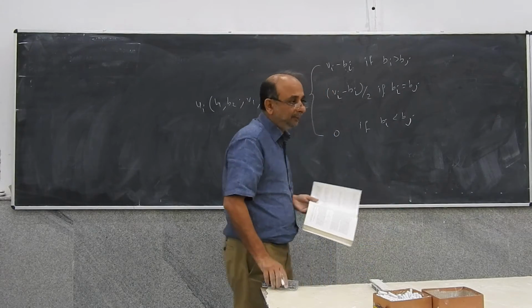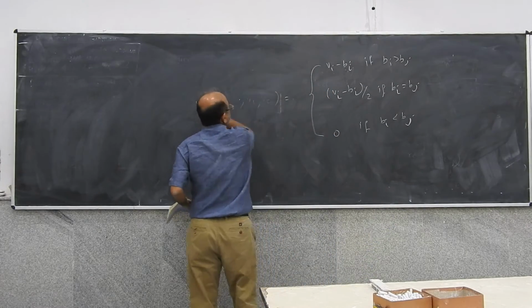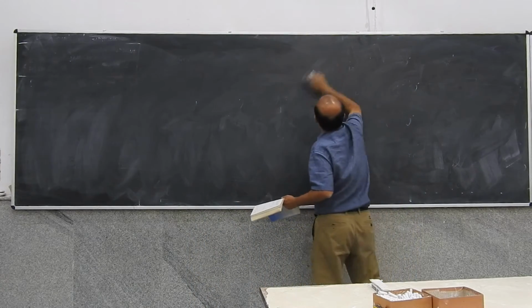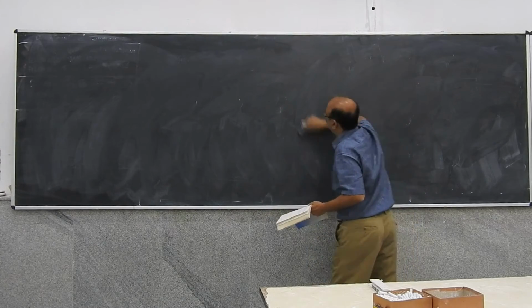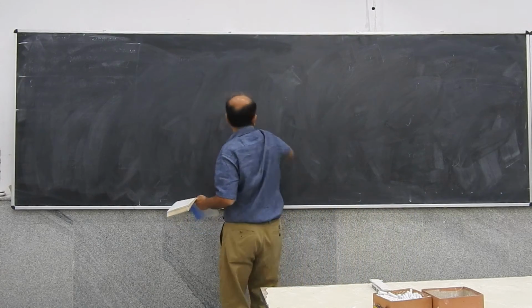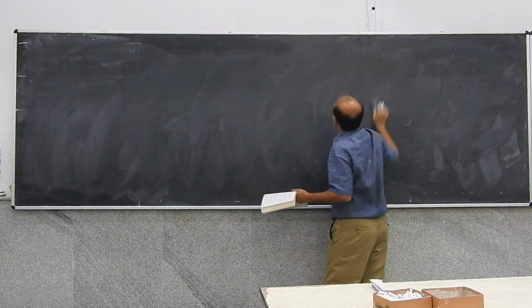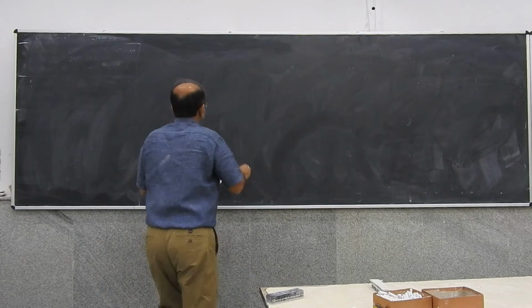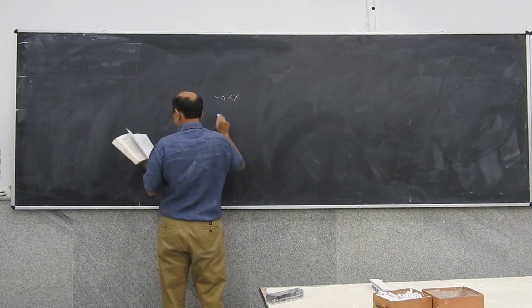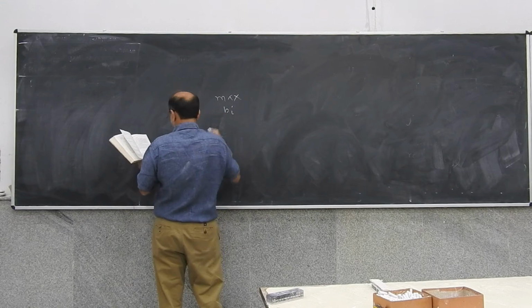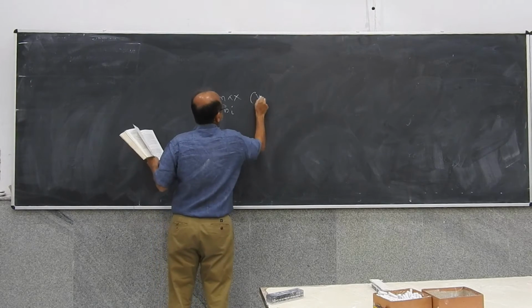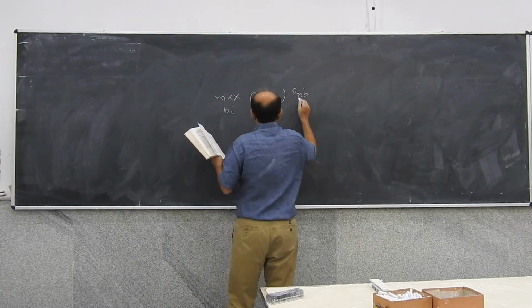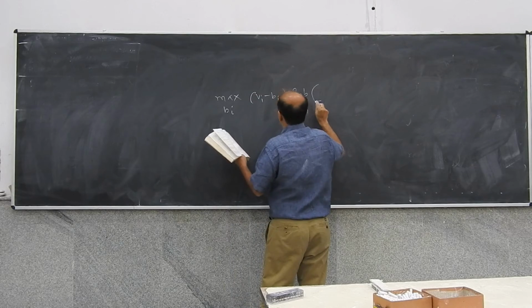so we have a Nash equilibrium if, okay, we are trying to maximize over Bi.